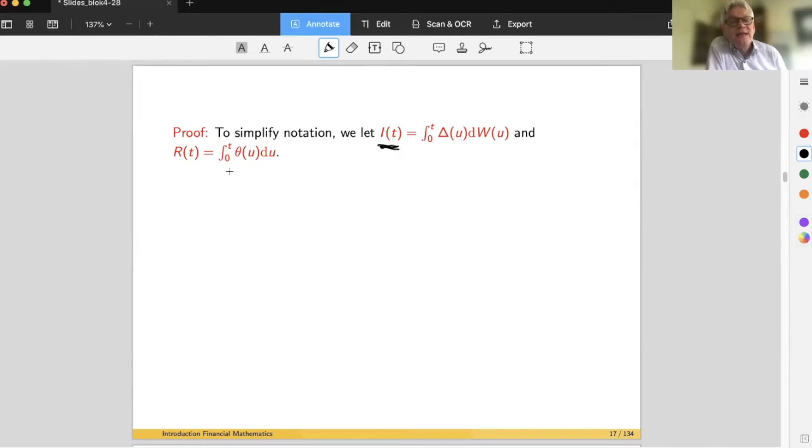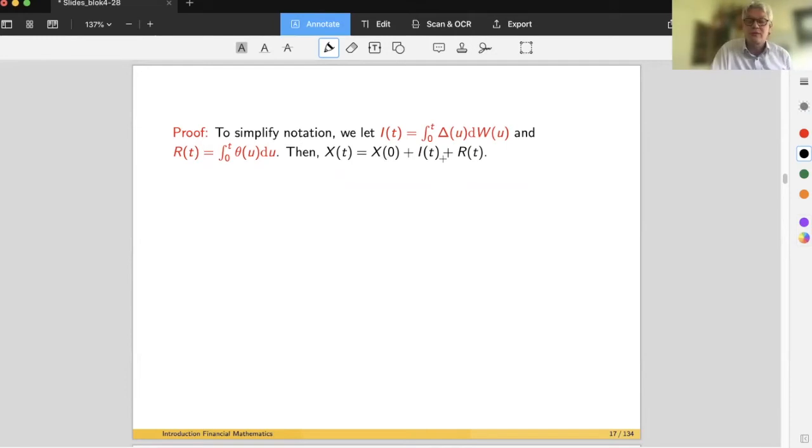And the second integral from 0 to t of theta_u du, we denote it by R_t. And if we have that, then you know that X_t is equal to X_0 plus I_t plus R_t.